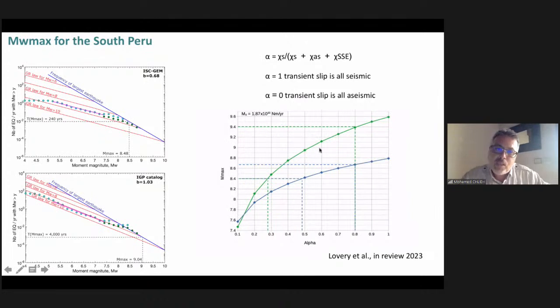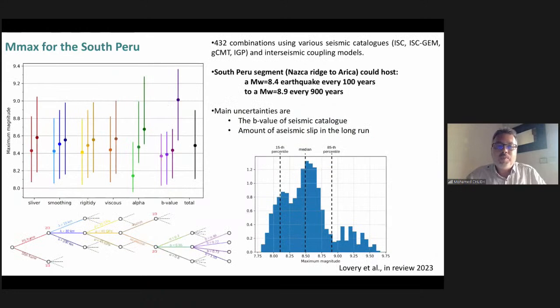This is for the IGP catalog in green, and in blue this is for the ISC catalog. You see that when we vary this alpha parameter, the maximum magnitude can also vary quite significantly. So you see the influence of this parameter alpha and the importance of taking the seismic slip very well into account, which is not done in the classical seismic hazard method so far.